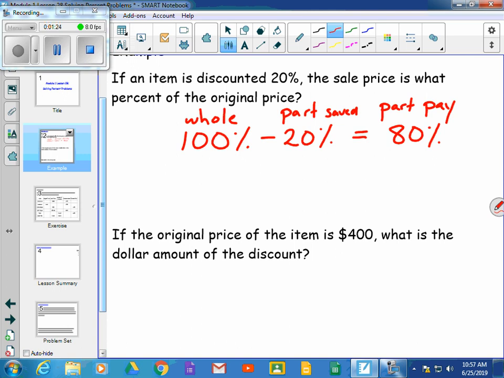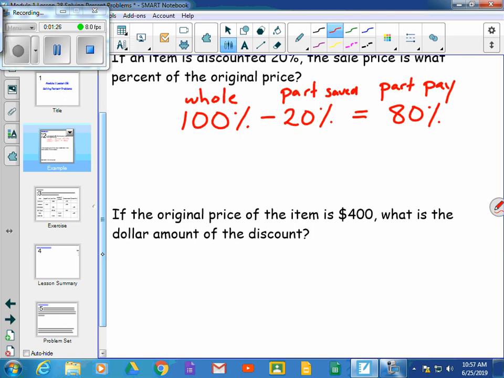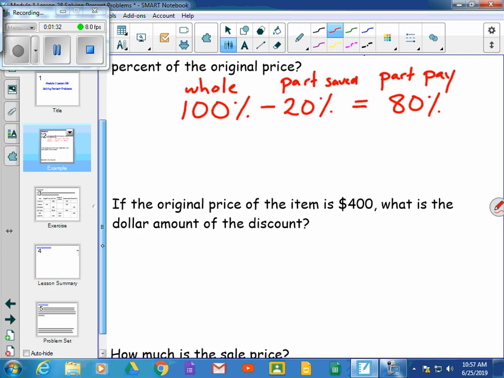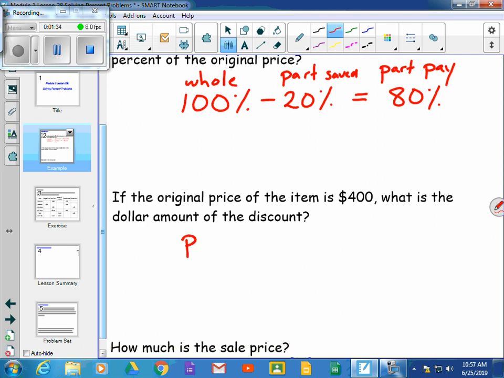Now it says if the original price of the item is $400, what is the dollar amount of the discount? Here's where you have to pay close attention. We're going to be using part over whole equals percent over 100. If I'm going to fill in my parts of my ratios, I know the original represents the whole. I'm going to put that down at the bottom.